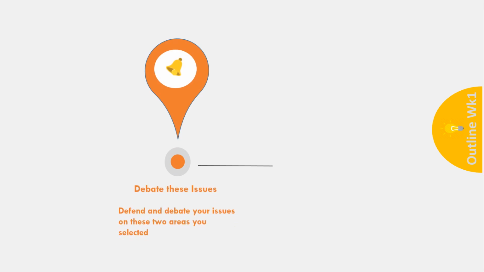And then finally, you need to debate these issues and state where you stand on these issues. Are you for or against? And defend your position on the stance that you're taking.